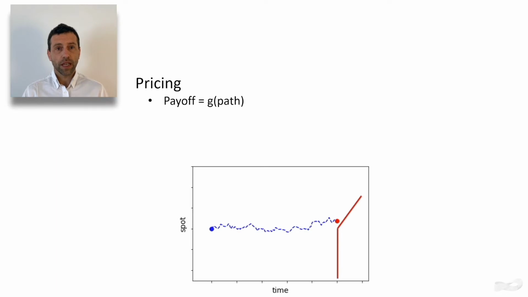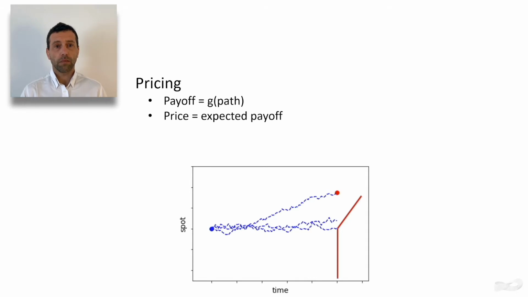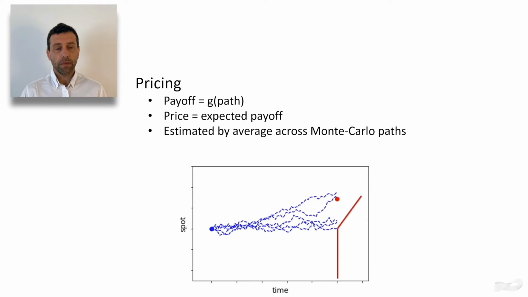Given the specification of its cash flows, we can compute the payoff of a transaction as a function of the path. The price of a transaction is the expected payoff under the martingale measure specified by the model, and it is generally estimated as the average payoff across the paths simulated by Monte Carlo.